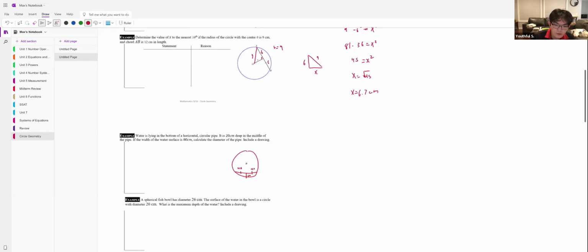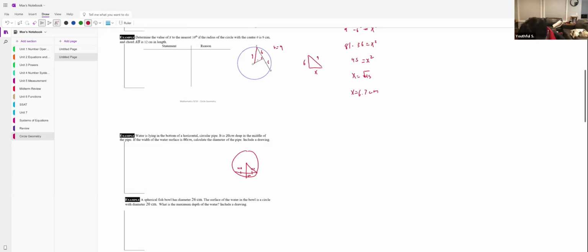We'll draw from the center of the circle down to here. So now we just have to use Pythagorean, right? Except how do we do that? There's some trick to this. I remember doing this a year or two ago.